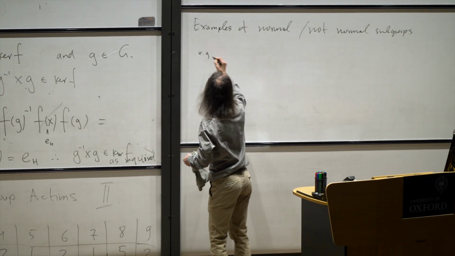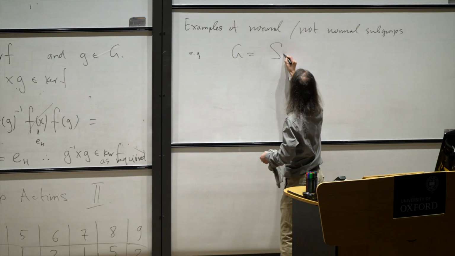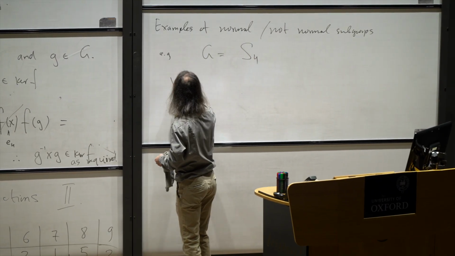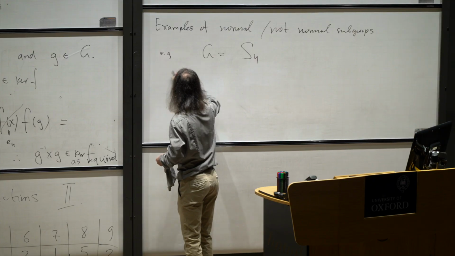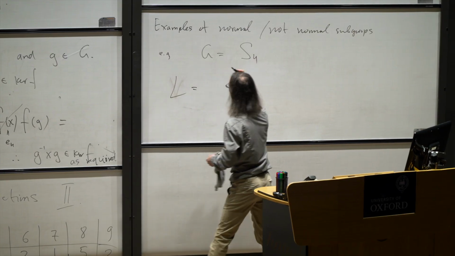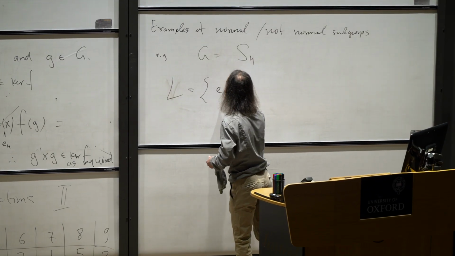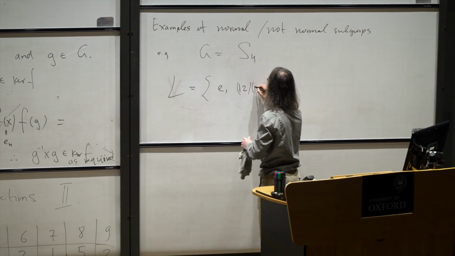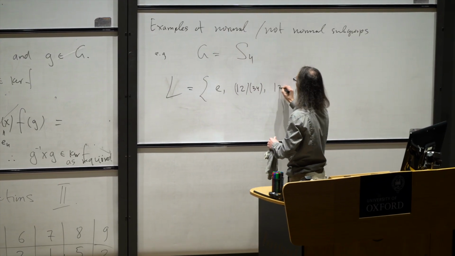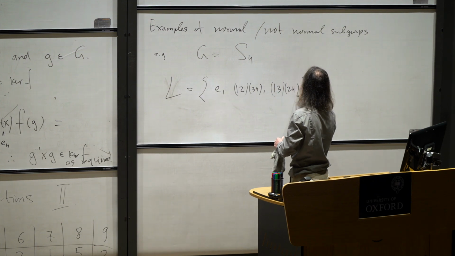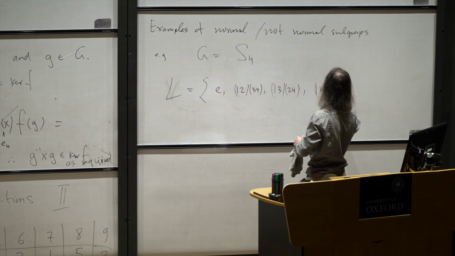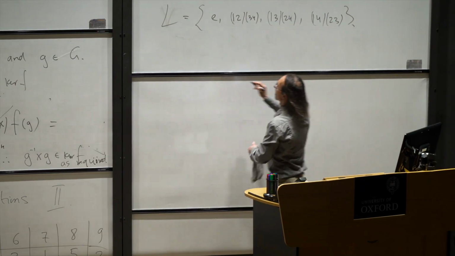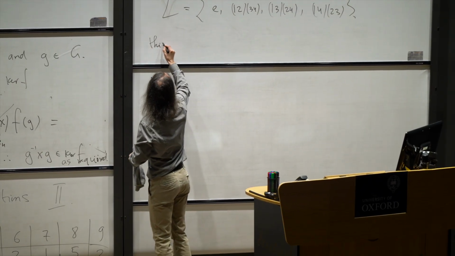Let's do examples of a normal subgroup. E.g., suppose G is S4, permutations on 4 things, and I take L to be the Klein 4 group, namely the identity and the double transpositions: (1 2)(3 4), (1 3)(2 4), (1 4)(2 3). We know this is a subgroup.